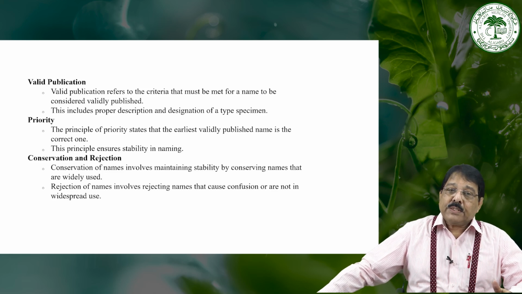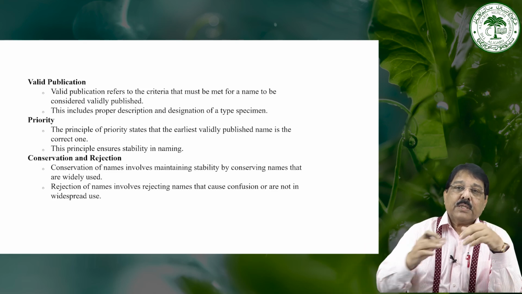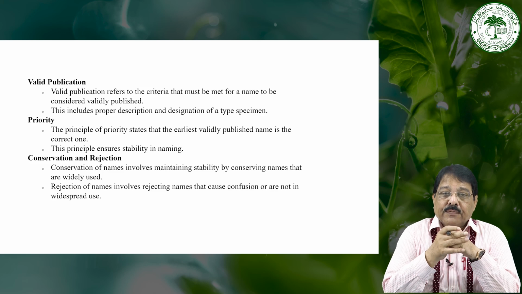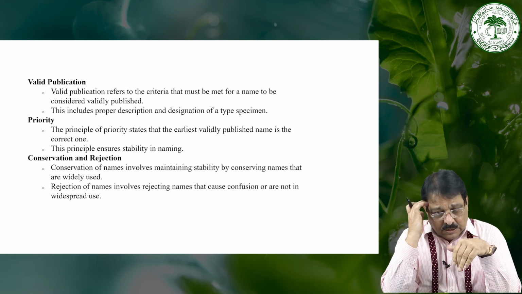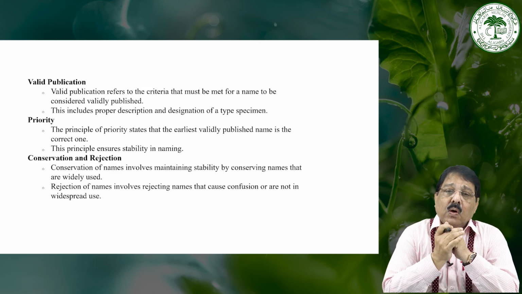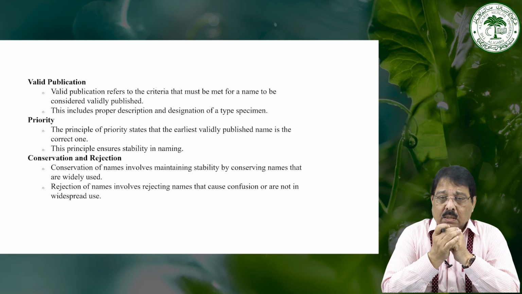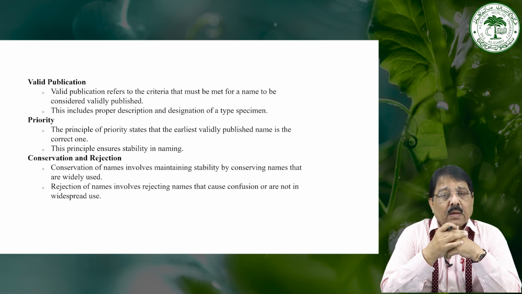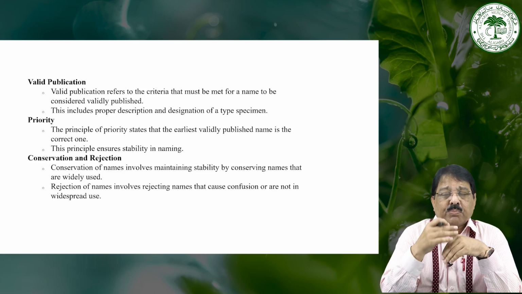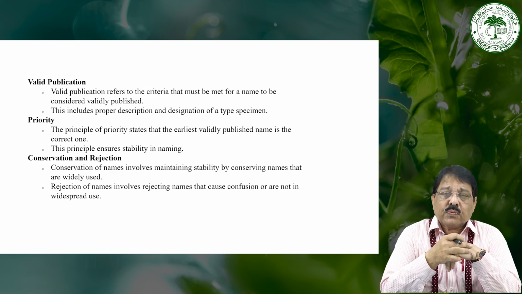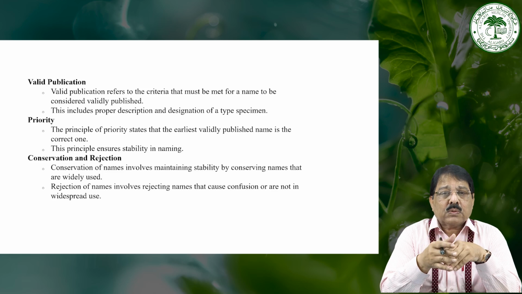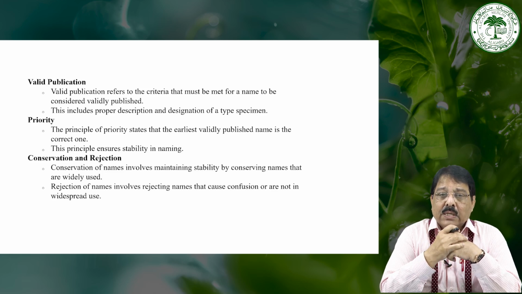Then the valid publication and invalid publication. A valid publication is that publication which follows all the rules of the nomenclature. All the rules given by the code: if a name is published following all the rules of the nomenclature, that will be called a valid publication.